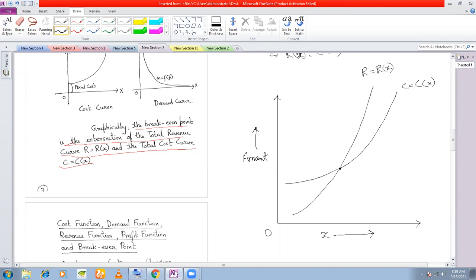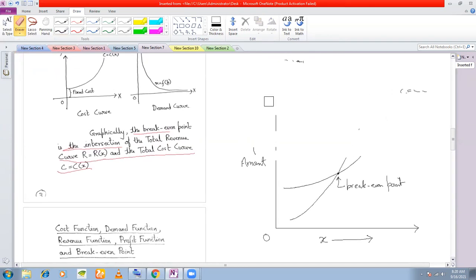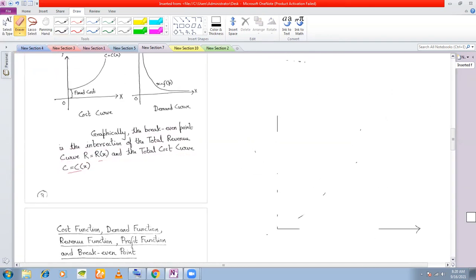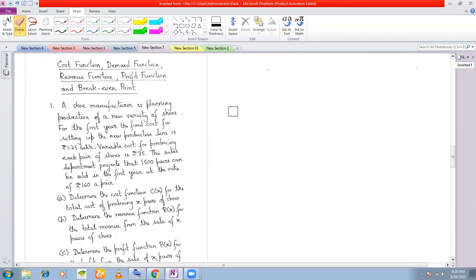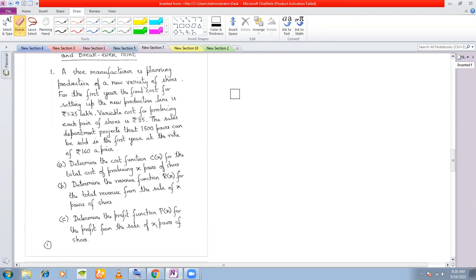This point that you get here is called the break-even point. At this point, your total revenue is equal to total cost. So that is the graphical interpretation. Now let's start with problems based on what I have explained, so that whatever I have explained gets fixed in your mind.